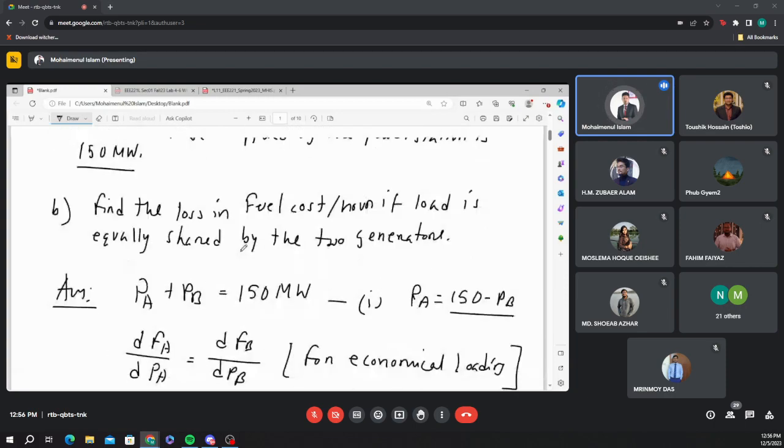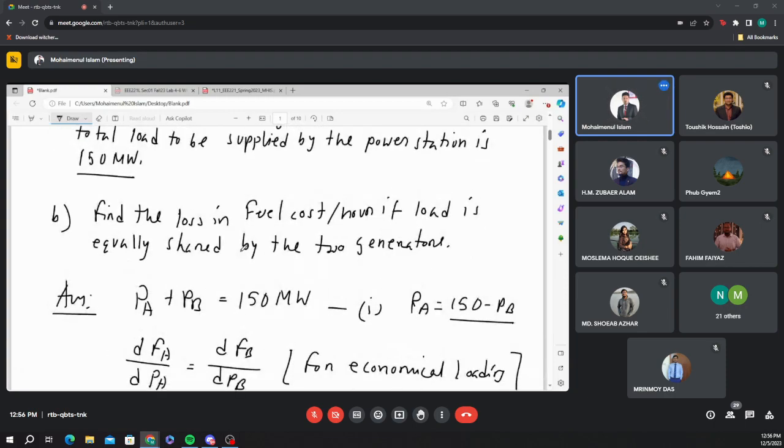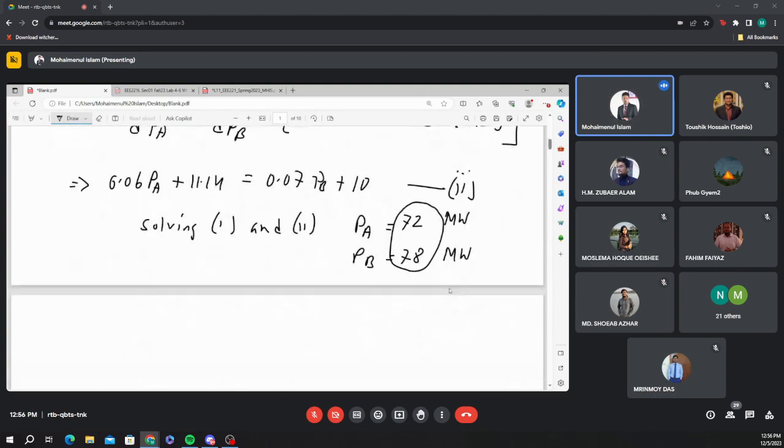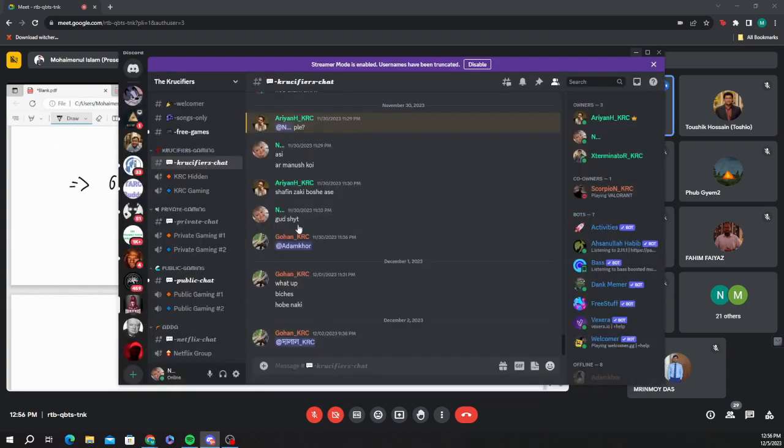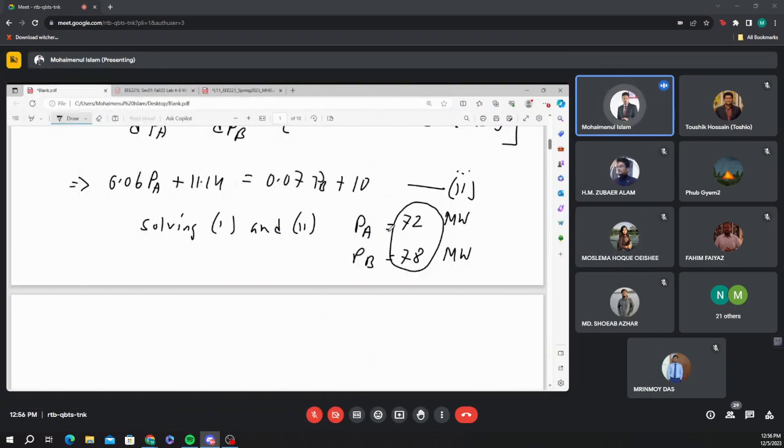Now the second part of the math requires that you find the loss in fuel cost if the load is equally shared. That means for the two particular values for PA and PB, you need to move them to a certain middle point. Suppose your middle point is 75: you need to increase 3 megawatt to reach 75, and you need to decrease 3 megawatt to reach 75.